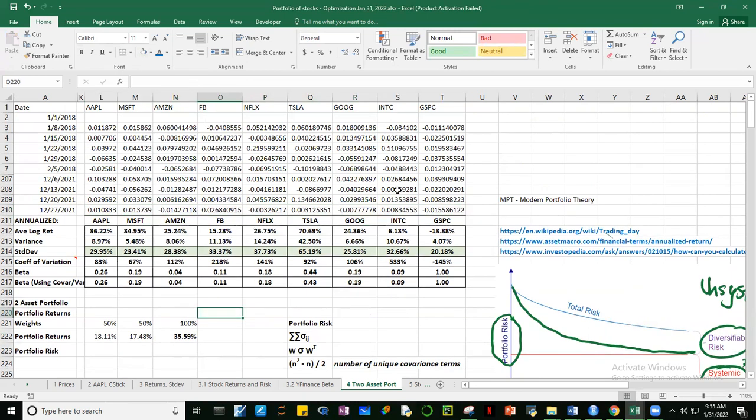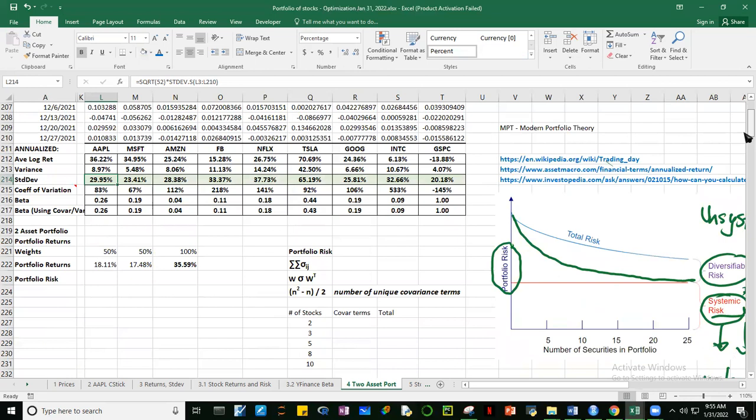So if we had only Apple in our investment, then the measure of the risk for this particular period, no, from January 2018 hanggang December 2021, risk as measured by standard deviation is 29.95% or 0.3. Now, if we maintain a portfolio, guys, ang mangyayari, mamimitigate yung risk, bababa yung risk.